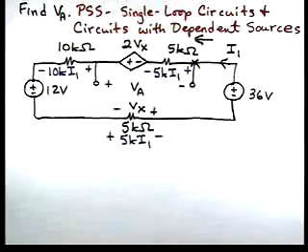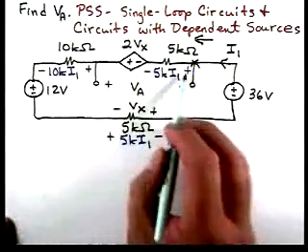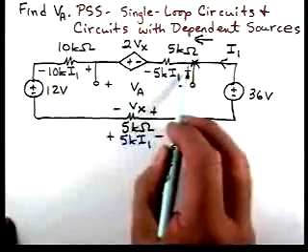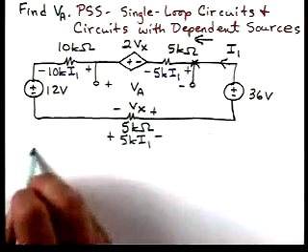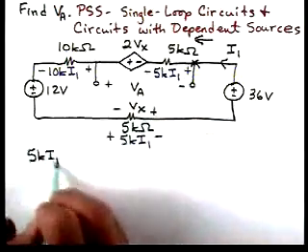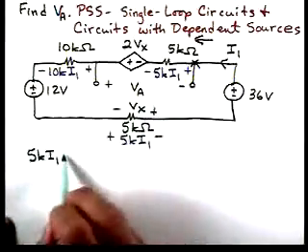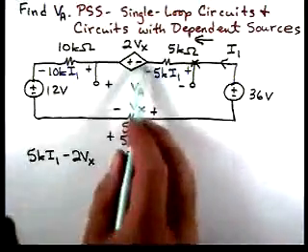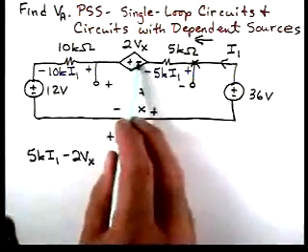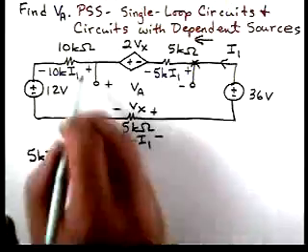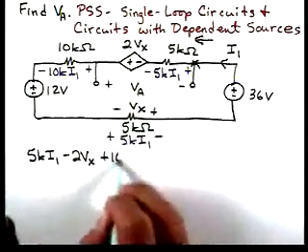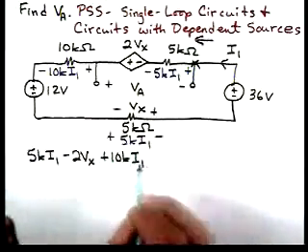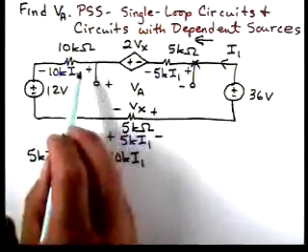counterclockwise. If we start here, we've got a voltage drop. We hit the plus sign, so we'll have 5K I1 minus 2Vx. Here we encounter a voltage rise with the minus sign. Then we'll have plus 10K times I1, a voltage drop across this resistor.